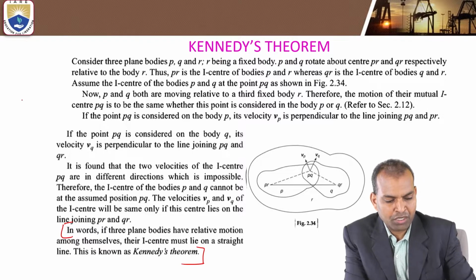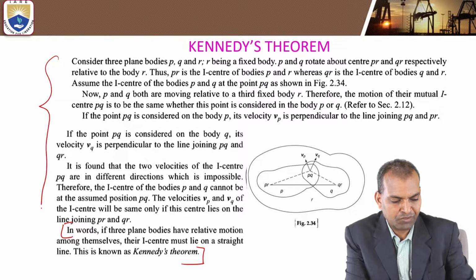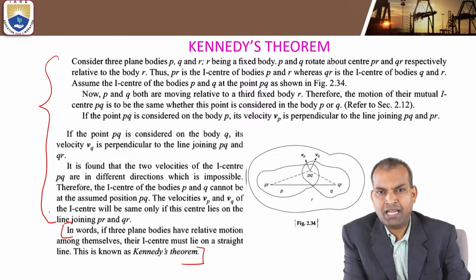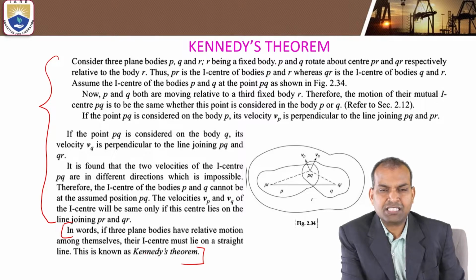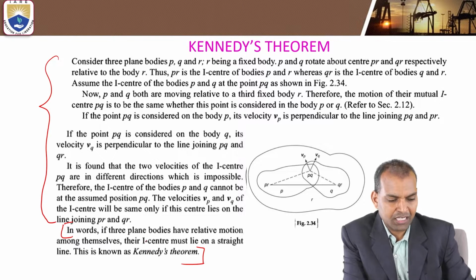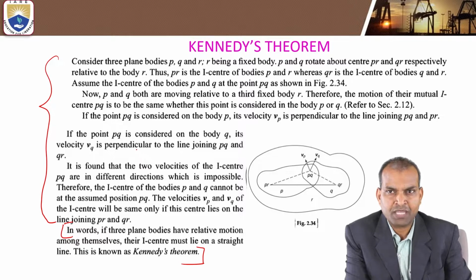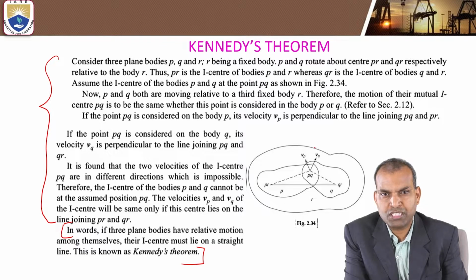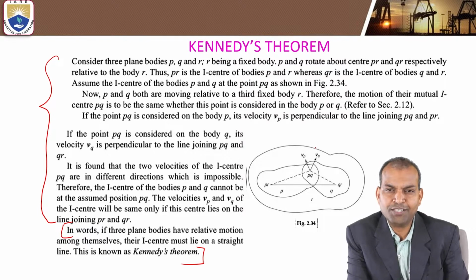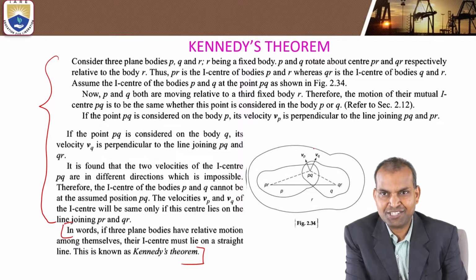The remaining portion is about describing and validating the theorem. In order to support this theorem, the justifications are described in the remaining paragraphs, and the figure shown here indicates how to validate and justify Kennedy's theorem.